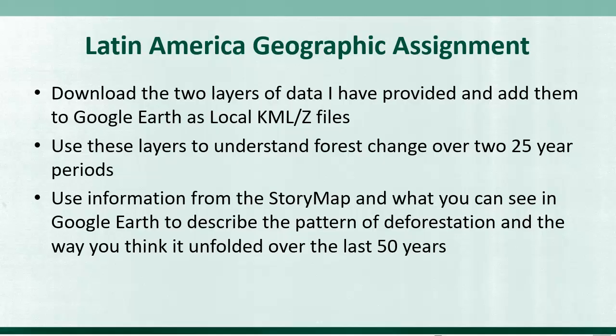You're then going to use information that you now know from the story map and compare that to what you can see to try to speculate a little bit about the patterns of deforestation that you see and why you think these changes have happened so dramatically over the last 50 years.